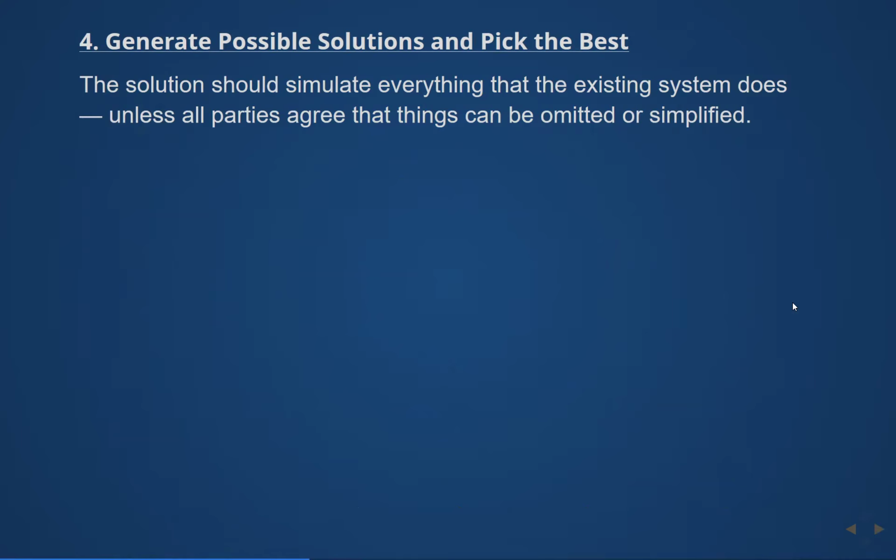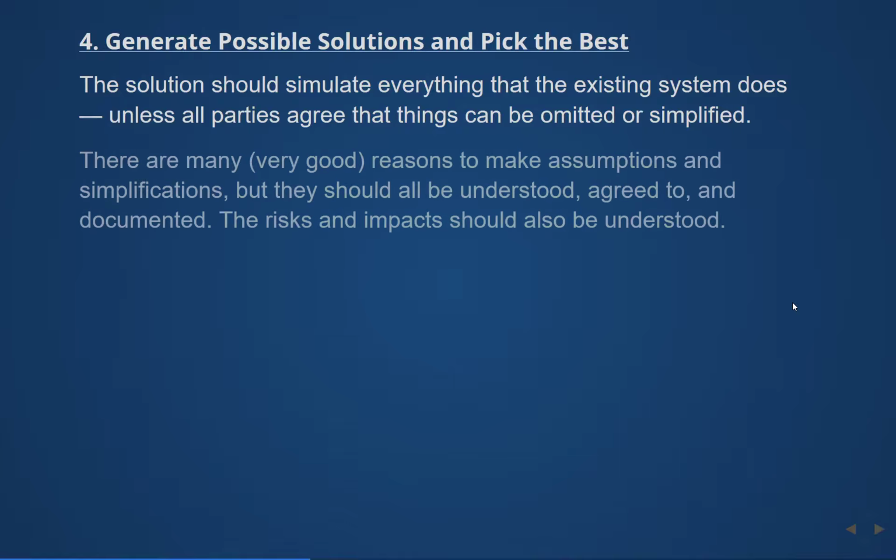So in terms of simulation, we have to consider everything the system does, and then we might be able to, based on what kind of analysis we're doing, figure out whether some things can be omitted or simplified.